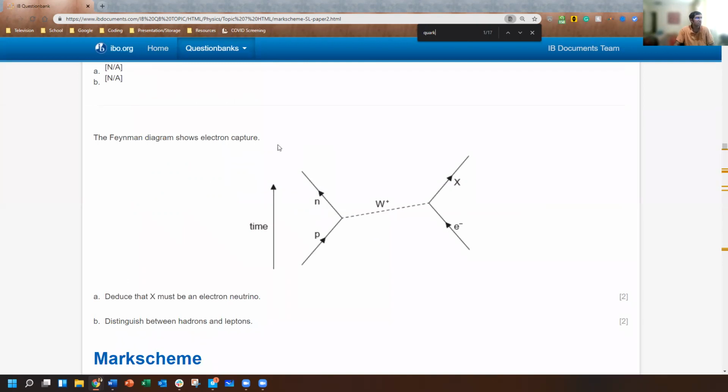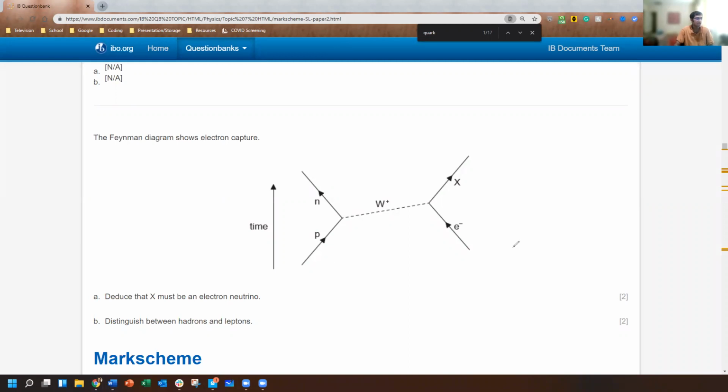So the Feynman diagram shows electron capture. Deduce that X must be an electron neutrino. So what's happening here? Wait, no, that's a plus. So a proton is becoming a neutron.